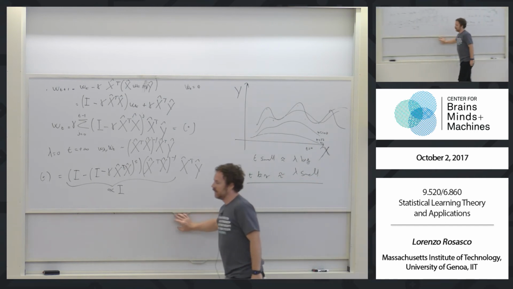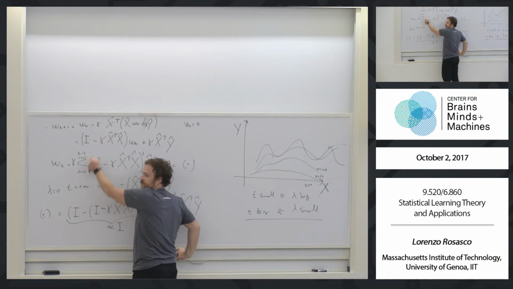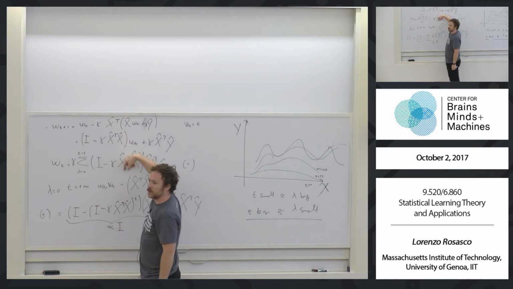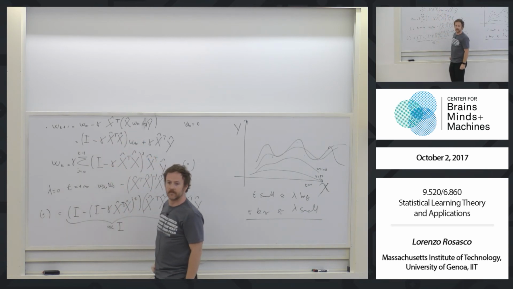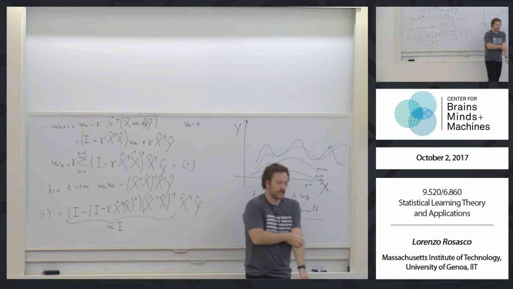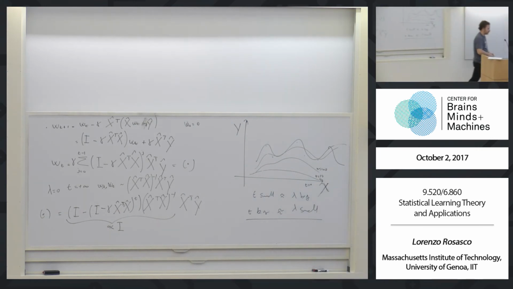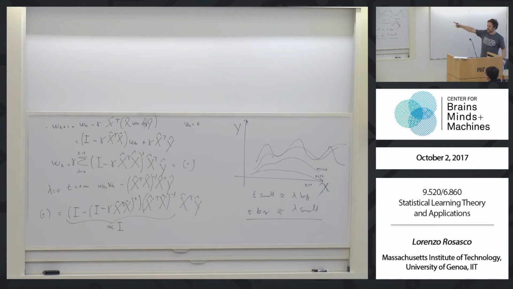This is an equality, okay? Which one would you want to do computationally? You can just check. The first one, you just have to always do a matrix times a vector.